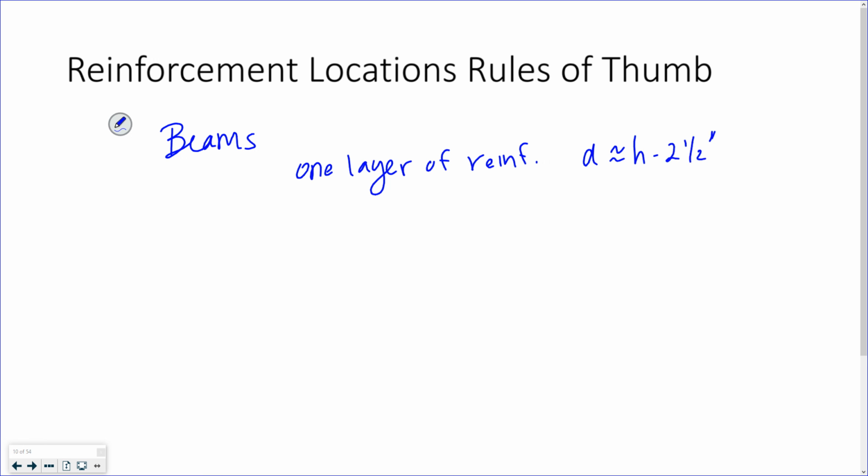You might have noticed that on some of our examples. It's just an easy rounding, right? And if you have 2 layers of reinforcement, it's about equal to H minus 3.5 inches, right? Probably because you could have spread those out.